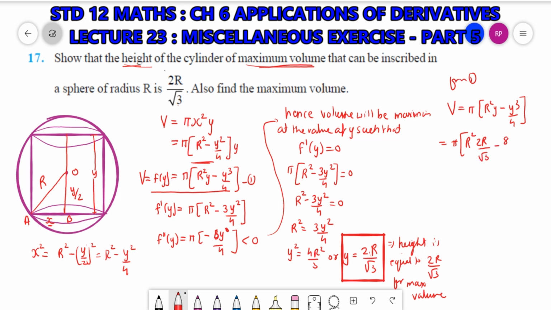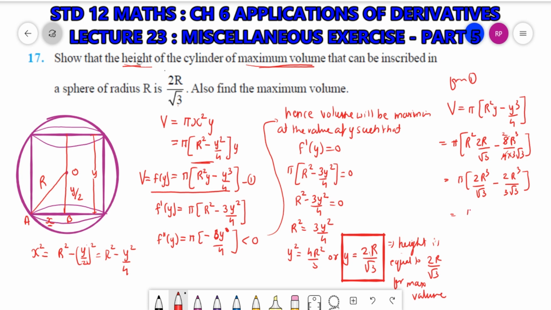So 2 cube is 8 r cube, 4 as it is, and root 3 cube will be 3 root 3. So 4 ones are 4, 4 twos are 8. So this will be equal to pi, 2r cube by root 3 minus 2r cube upon 3 root 3.